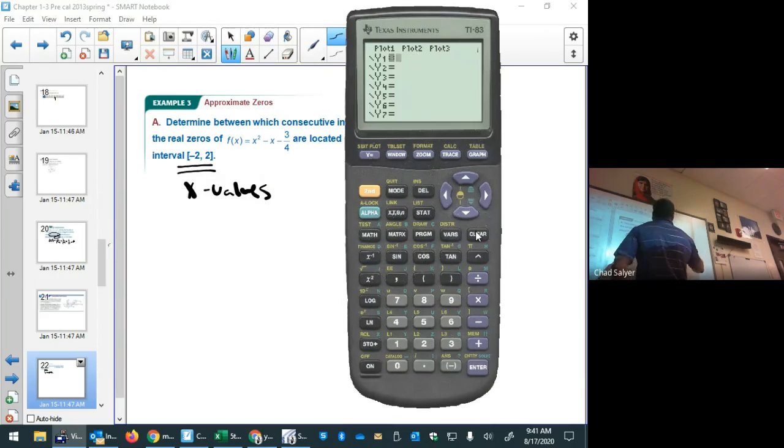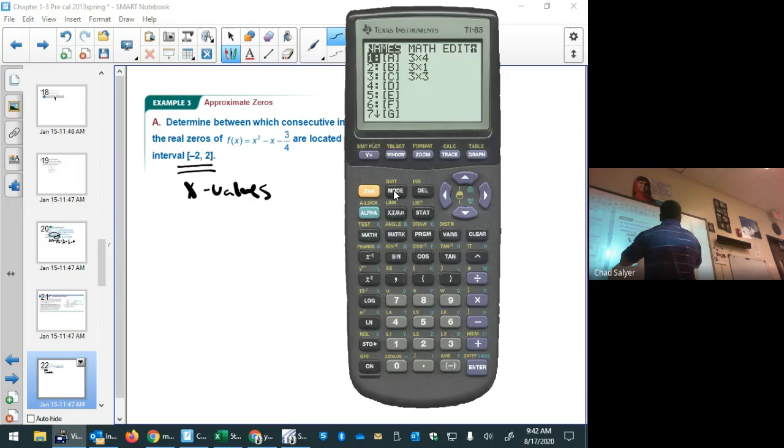If I punch in x squared minus x minus 3 divided by 4. And then I want to go from -2 to 2, and -2 to 2 on the y as well.